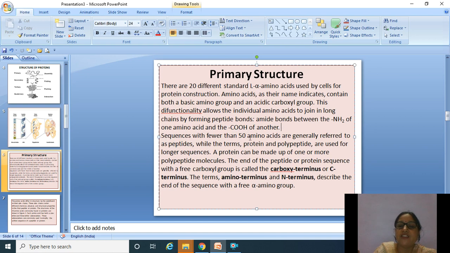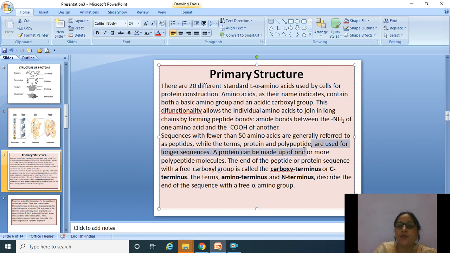Sequences with fewer than 50 amino acids are generally referred to as peptides. It is saying that when 50 amino acids or fewer join together, they are simply called peptides.